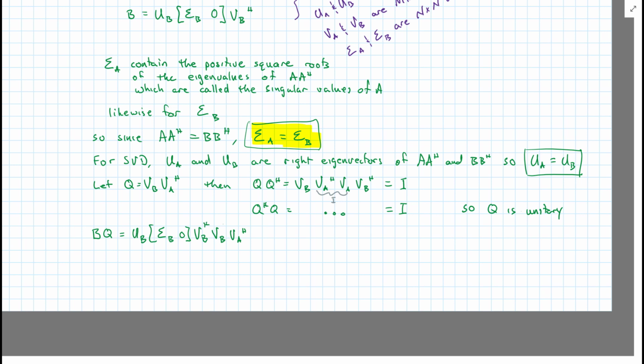Using this Q matrix, we can multiply it by B on the right, and we get UB. So we're using our singular value decomposition version of B, times sigma B times VB Hermitian. And now Q is equal to VB VA Hermitian.